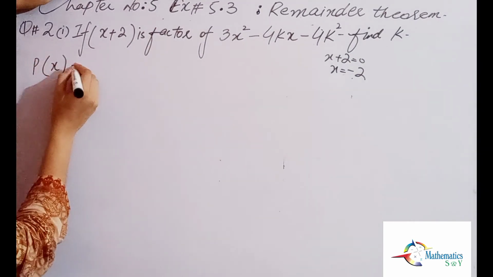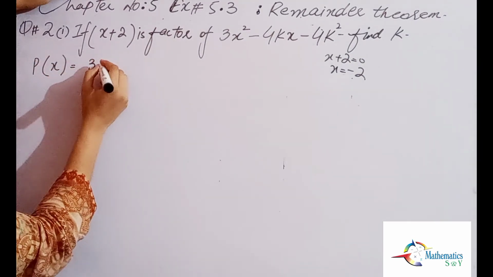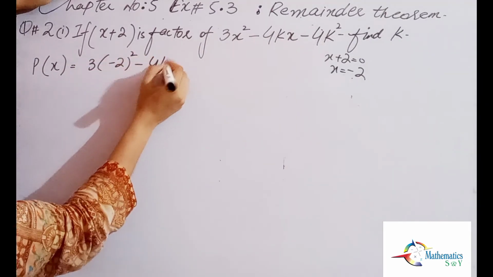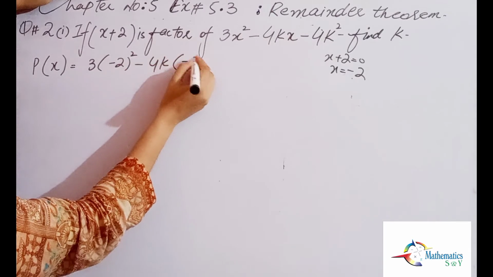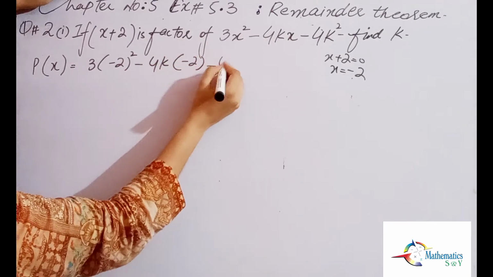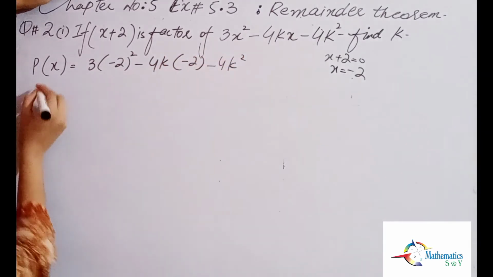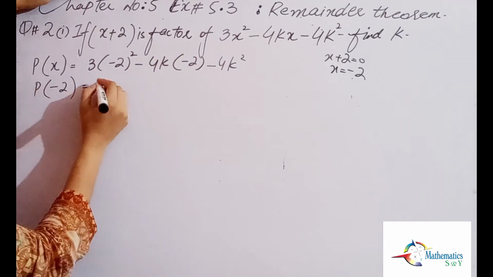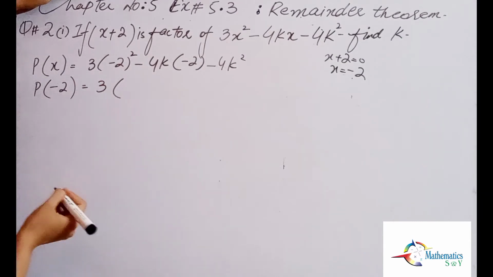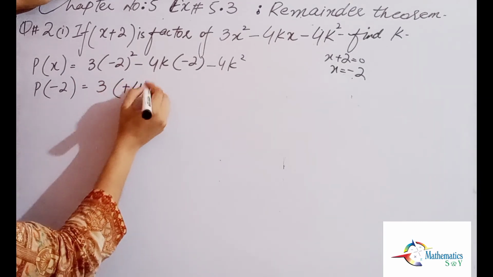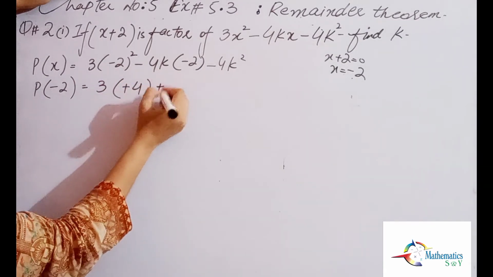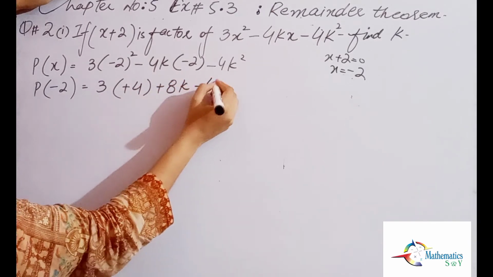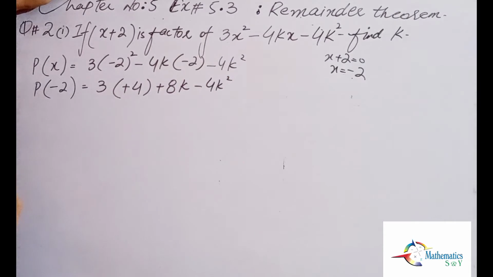P of x equals 3. In place of x I am going to put minus 2, squared, minus 4k. In place of x I will put minus 2 and then minus 4k squared. You can see I have put the value minus 2: 3 times minus 2 squared, that is 12, plus 2 times 4, that is 8k, and minus 4k squared.